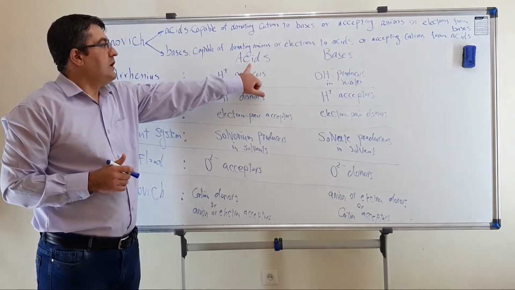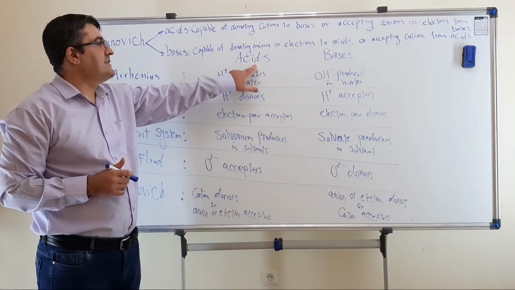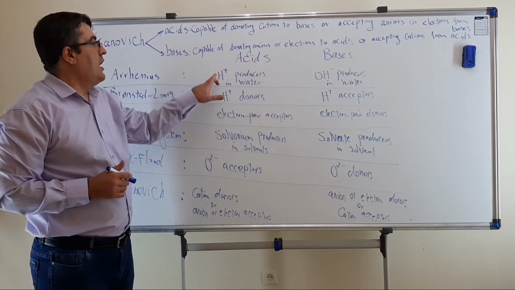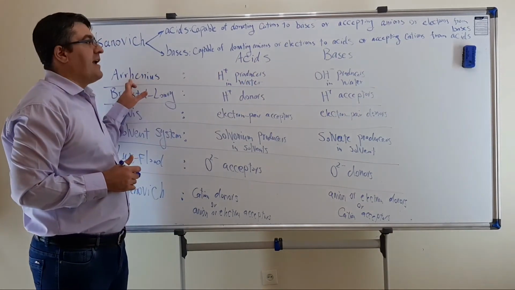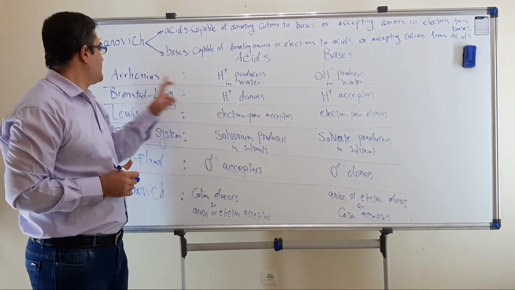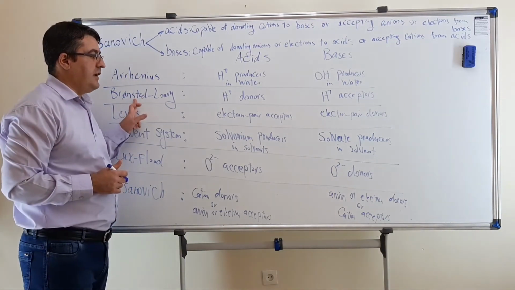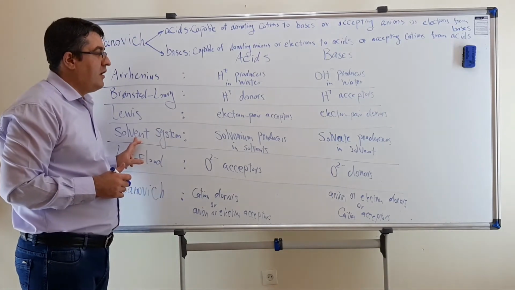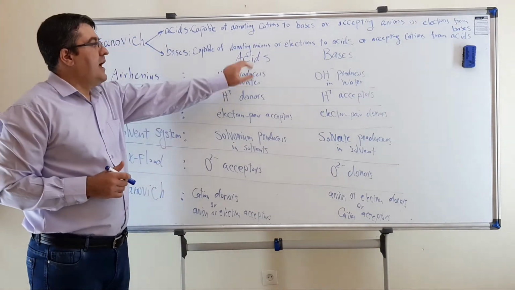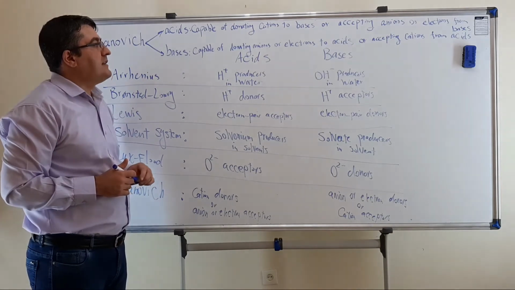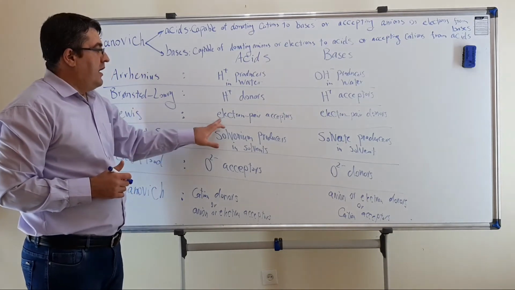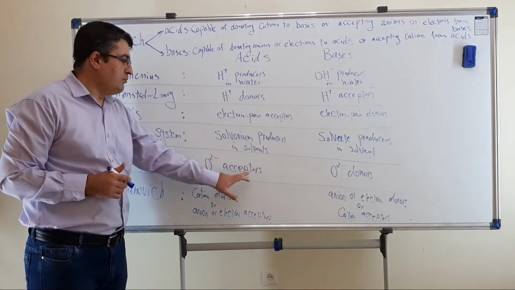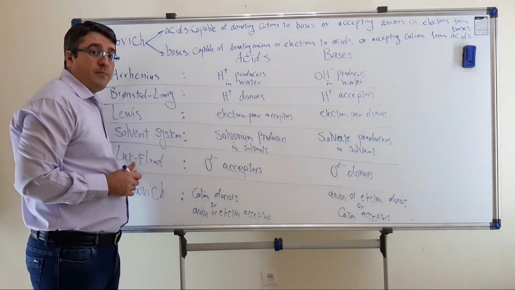In all of these theories, acids donate positive species: H plus in water in Arrhenius acid-base theory, H plus in Bronsted-Lowry acid-base theory, solvonium in solvent system acid-base theory. Or acids accept negative species: electron pair in Lewis acid-base theory, O2 minus in Lux-Flood acid-base theory.